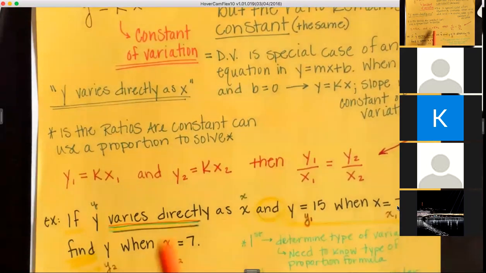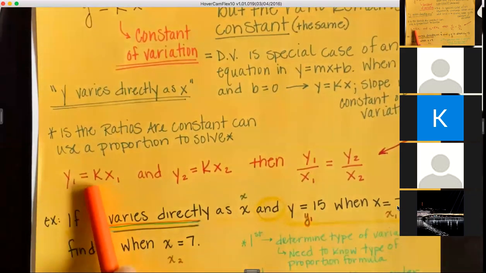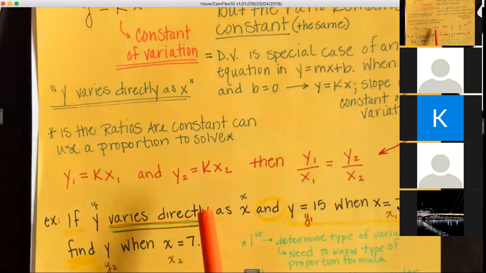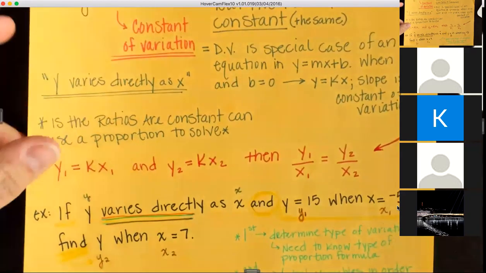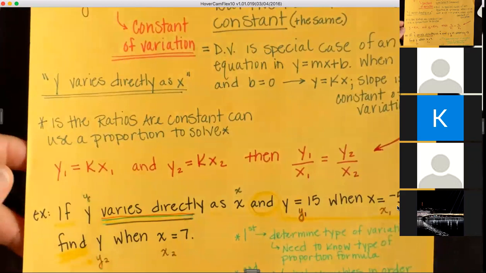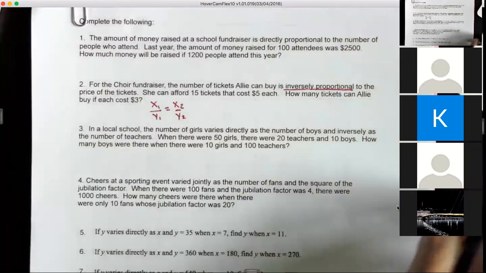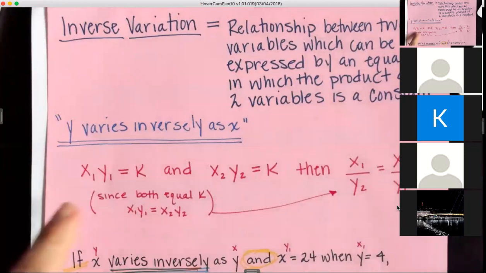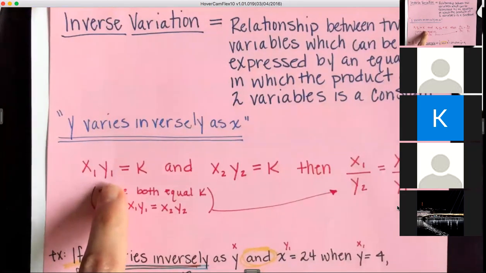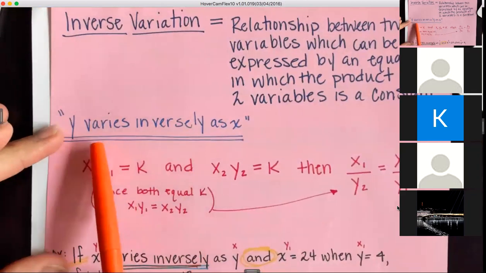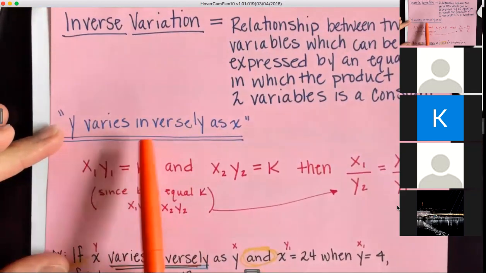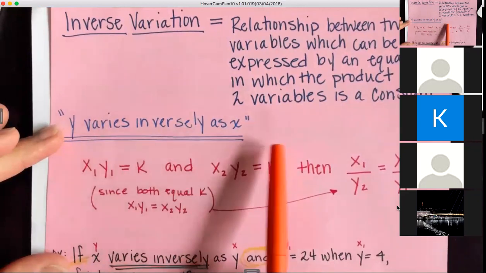The idea is, in both cases, since the constant of variation is identical, if we solve for k in every one of these, using the transitive property, we can set them equal to each other. That's where direct variation came from. In inverse variation, the one we're talking about right now, I didn't write the initial equation down, but the initial equation was actually xy equals k.